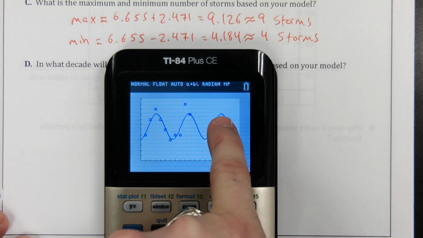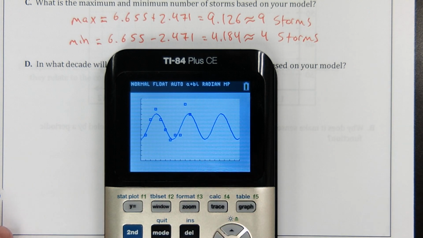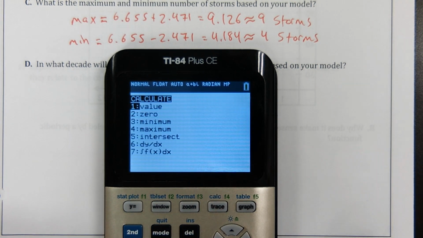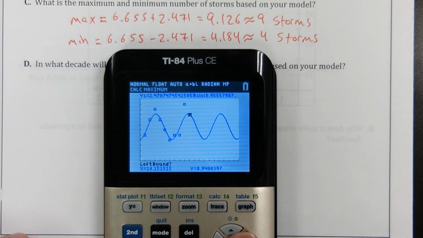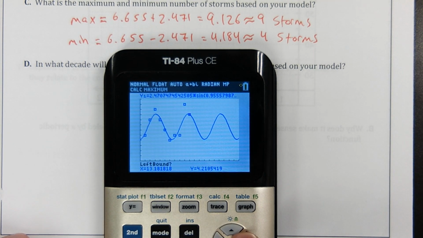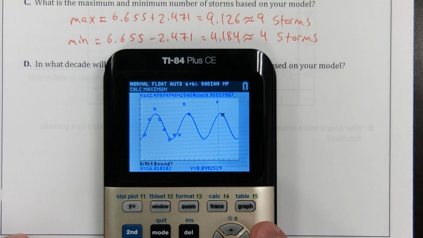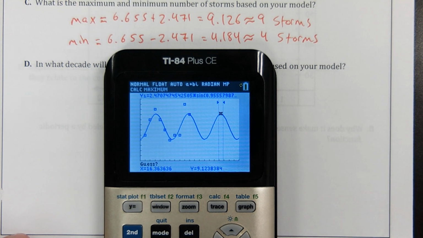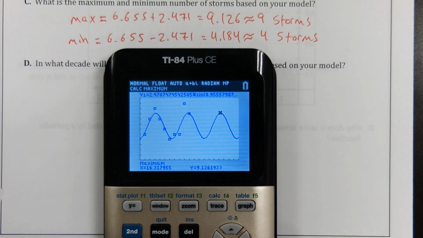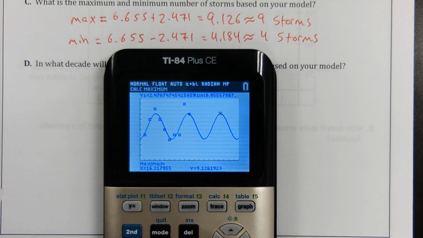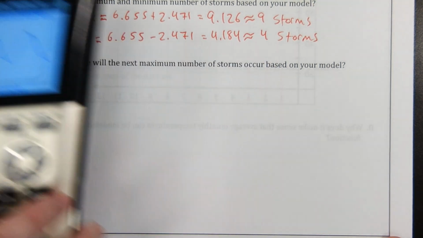Right there is the next maximum. So we need to do second trace maximum to figure out where that maximum is. To the left, to the right, in the middle, at 16.318.